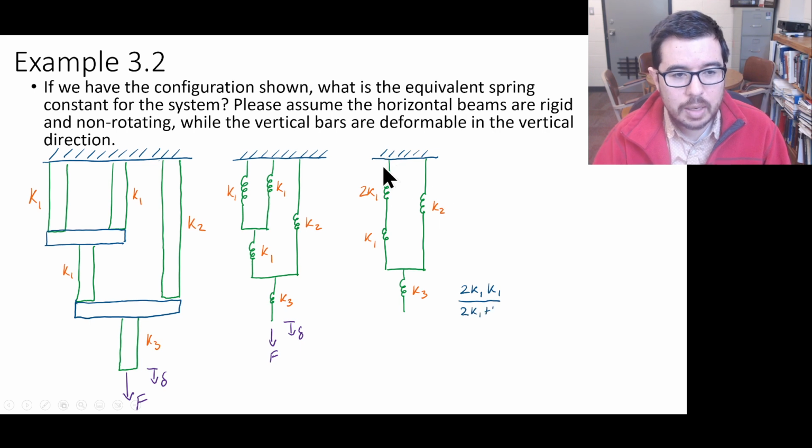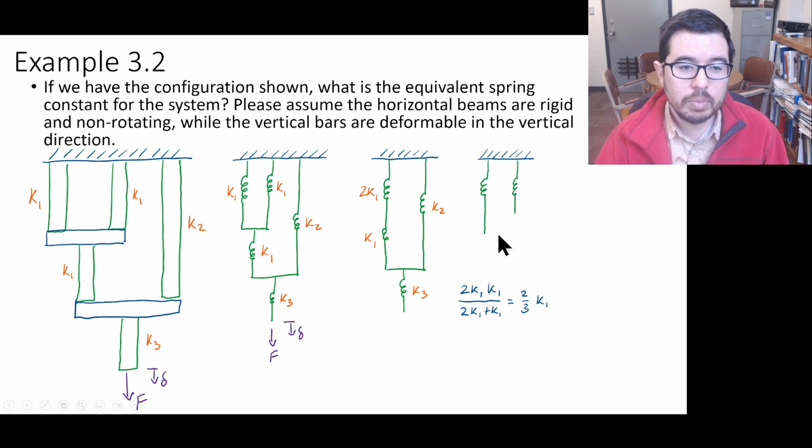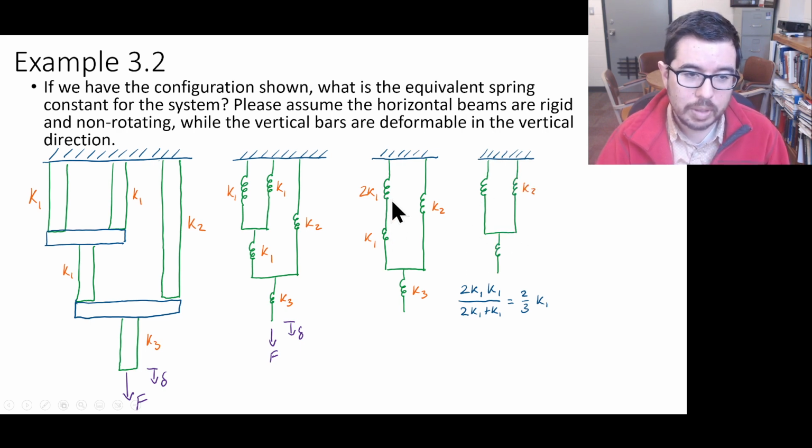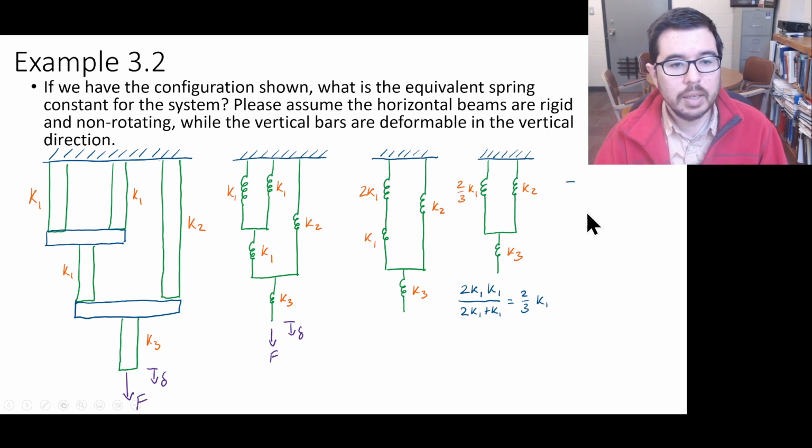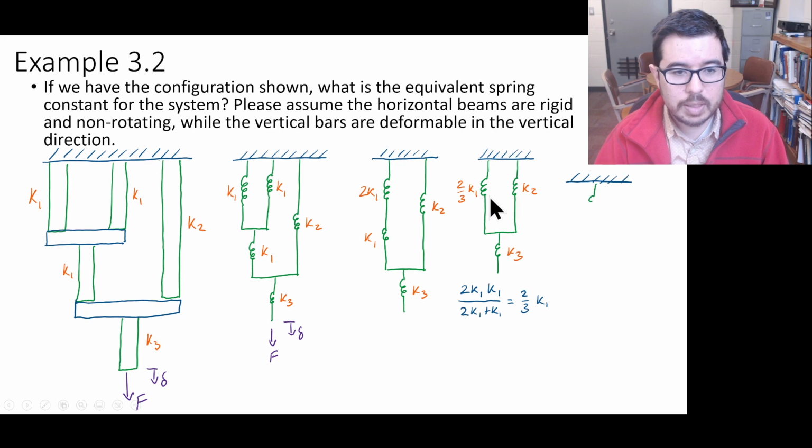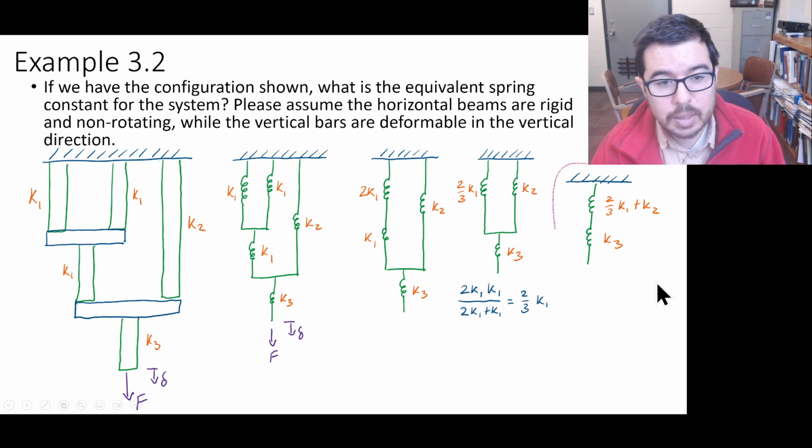And then this leg is in parallel with this leg. So we've now put these guys in series, but this leg's in parallel with this leg. And then we can put these guys in parallel with each other, which means that they will add nicely. And then that's in series with this portion, this spring with spring constant of K3.